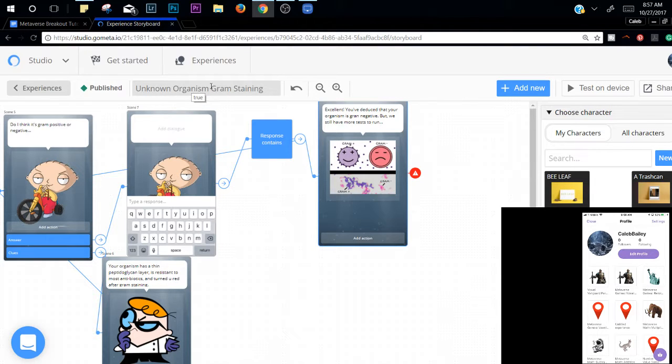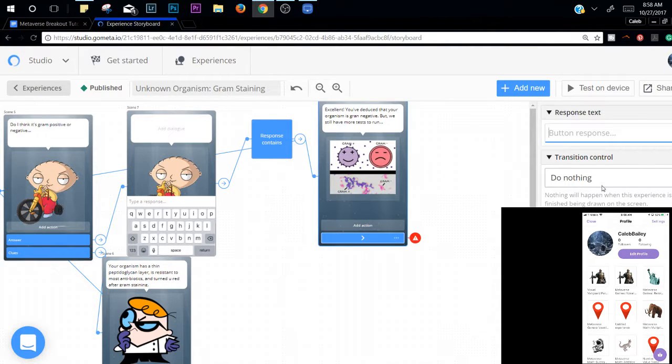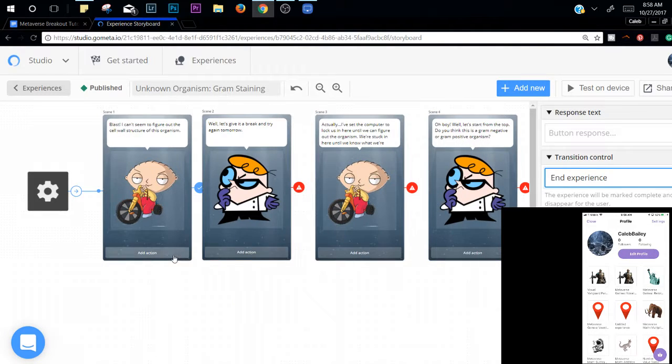Because gram staining is the very first part, for the most part, in unknown organisms, but it certainly is not the last. So they figured out that it's a gram negative organism, sure, but that doesn't really do much to tell you anything else about it. Does it ferment lactic acid?